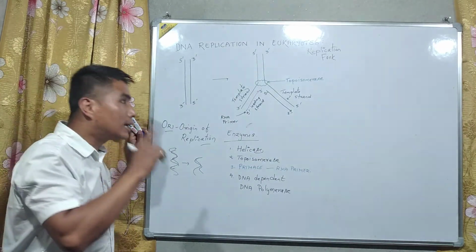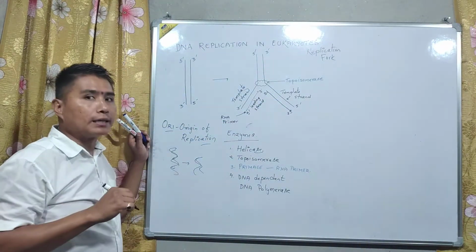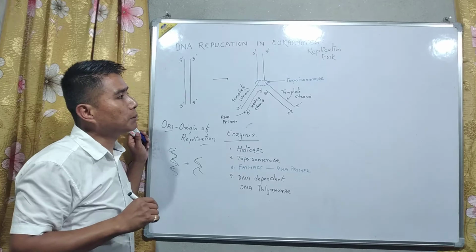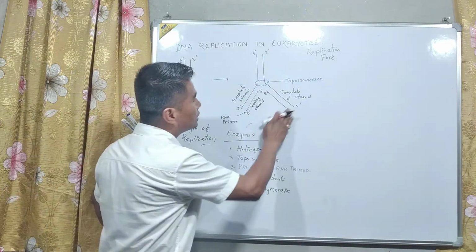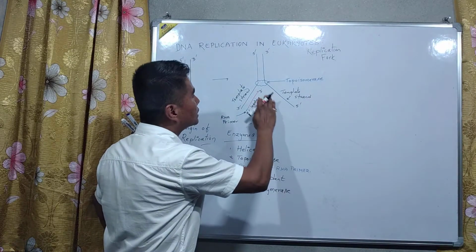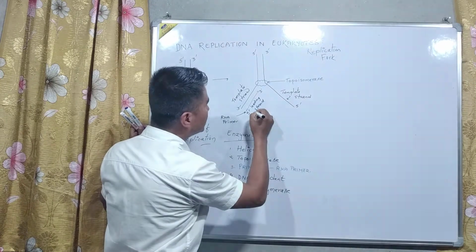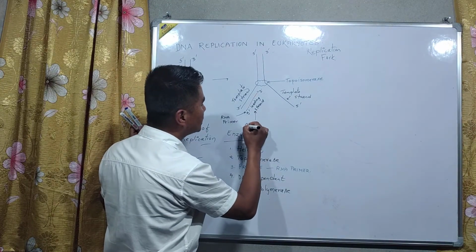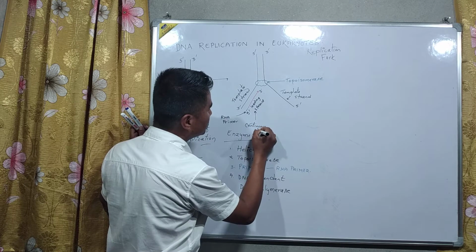Correct? But in that case, while maintaining this polarity, the formation of the new DNA strand will have some problem. So that is why it is not possible for the DNA strand to have a continuous strand. The leading strand is also known as the continuous strand.